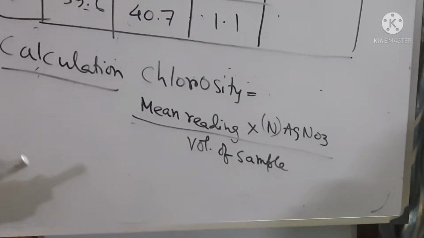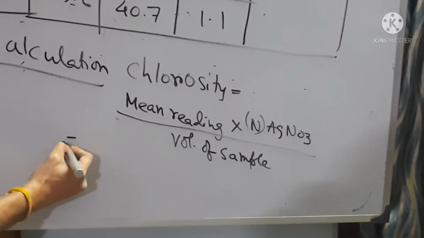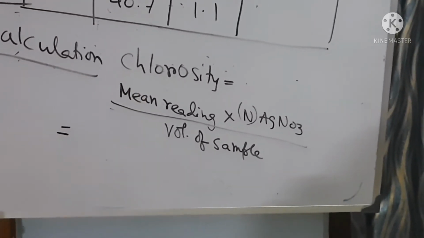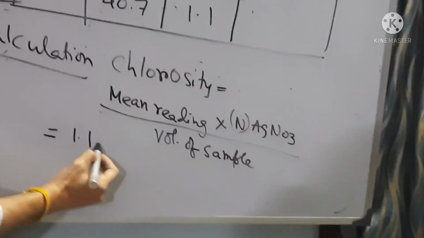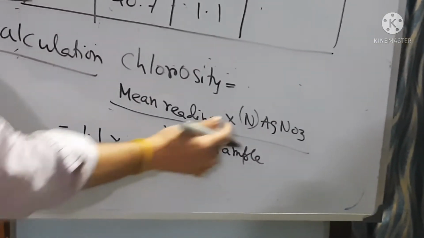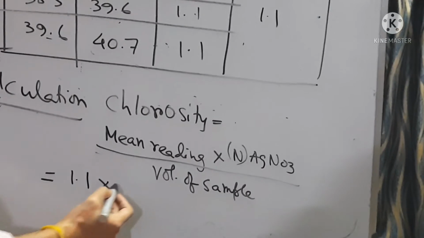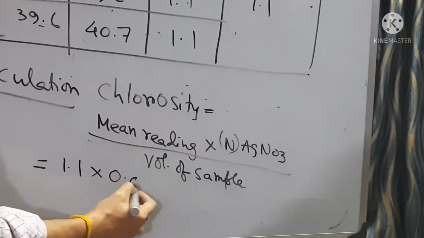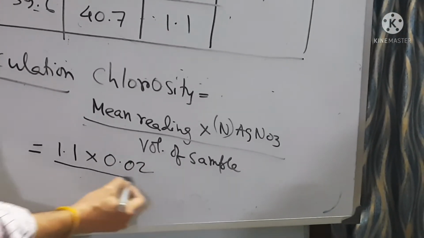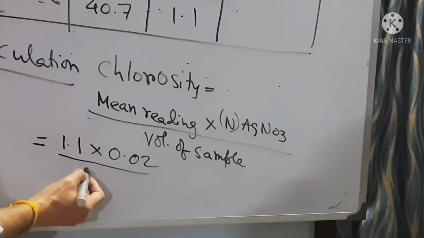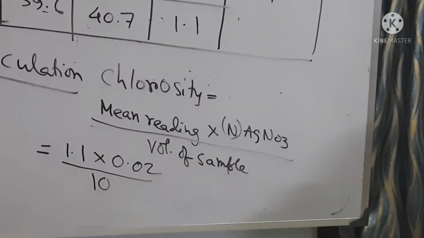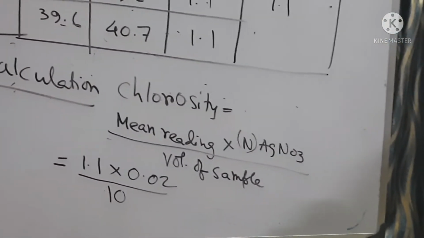In our case, what is the mean burette reading? 1.1. Write it down. What is the normality of AgNO3? 0.02. Volume of sample water is 10. Now we have to calculate.